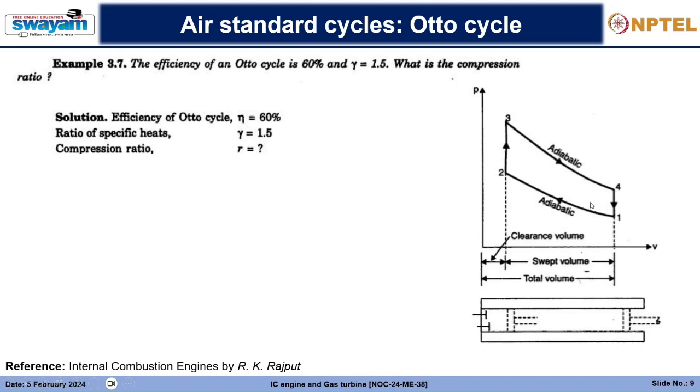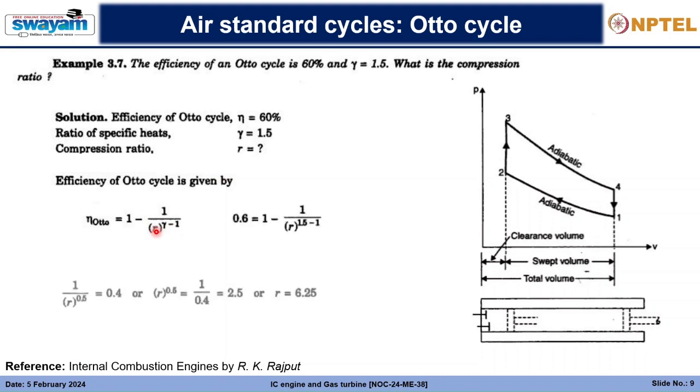We know that the Otto cycle efficiency is 60%, gamma is 1.5, and we also know that the efficiency of the Otto cycle is given by this expression, 1 minus 1 by r to the power gamma minus 1. We know everything except r. By solving, we can find the value of r as 6.25. So that is basically the compression ratio.